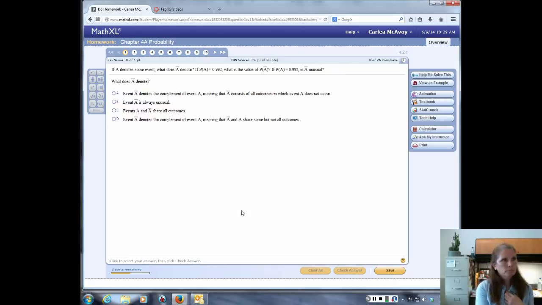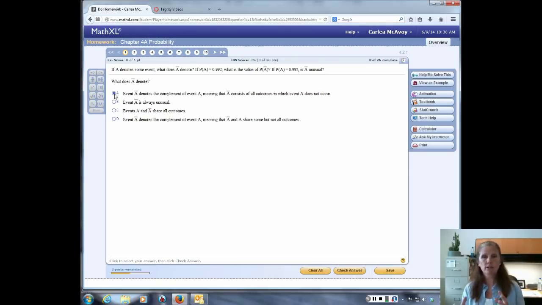So this event denotes the complement of A, meaning that the complement of A consists of all outcomes in which A does not occur. So it's the outcomes in the sample space that aren't A, anything else. And so then they give us a value of 0.992 and ask what's the value of the complement of A if A is 0.992.